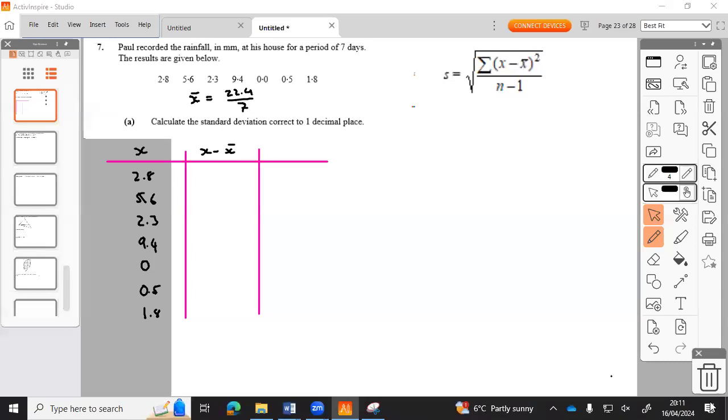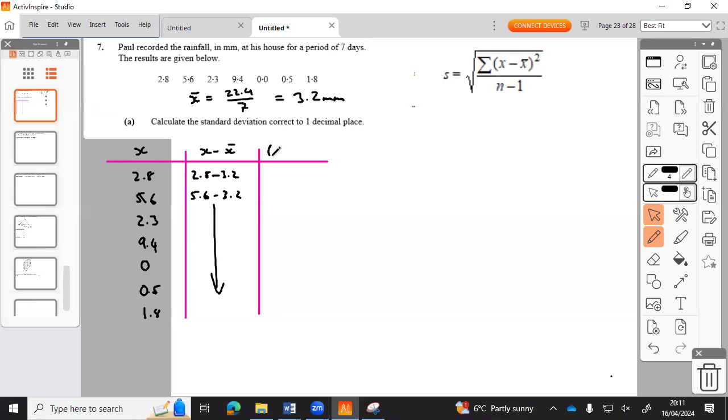Okay, so the mean value is just all those values added together, divided by 7. So the mean I'm getting is 3.2, and it's in millimeters. So x minus x bar is just my value minus my mean. So 2.8 minus 3.2, 5.6 minus 3.2, all the way down.